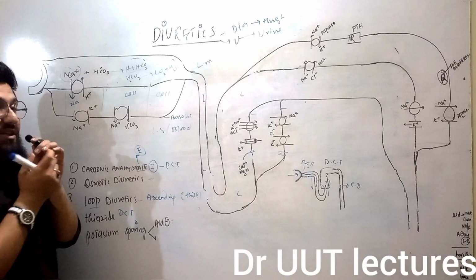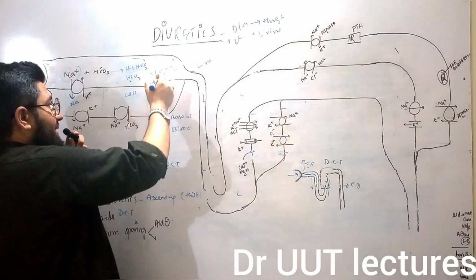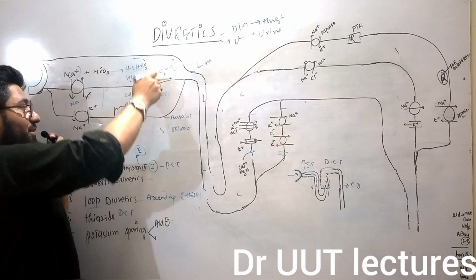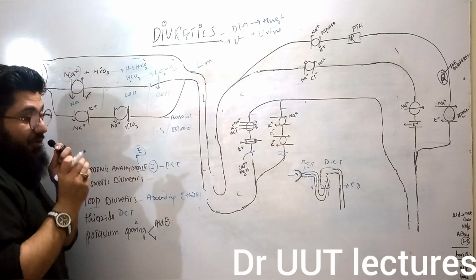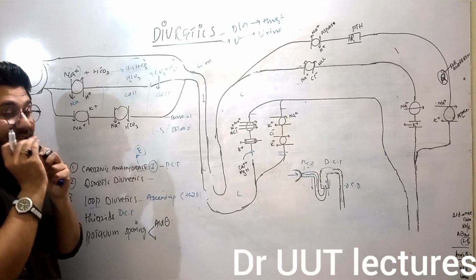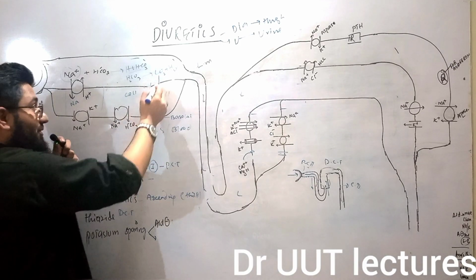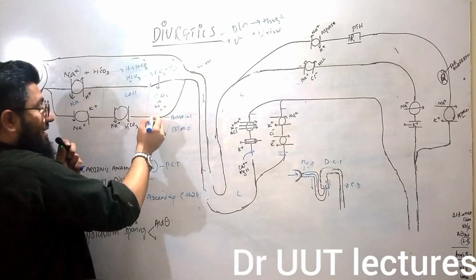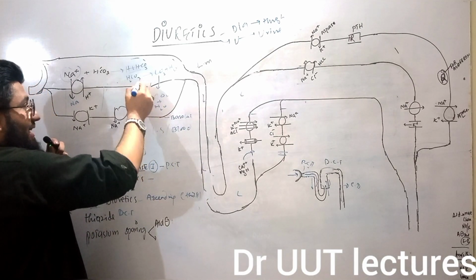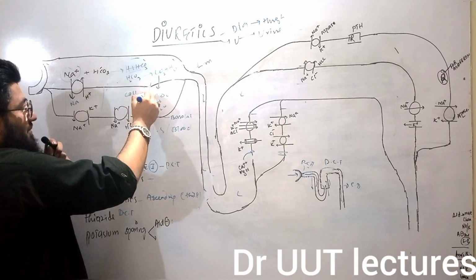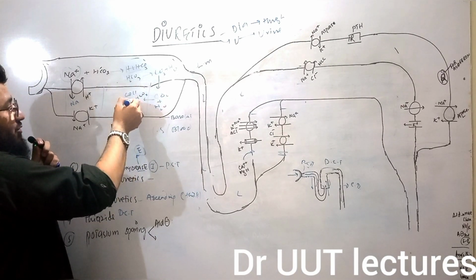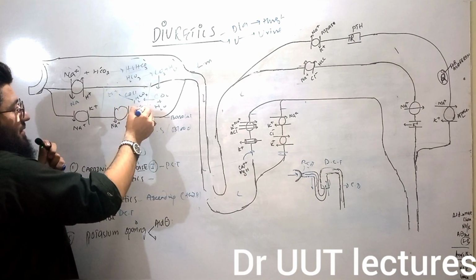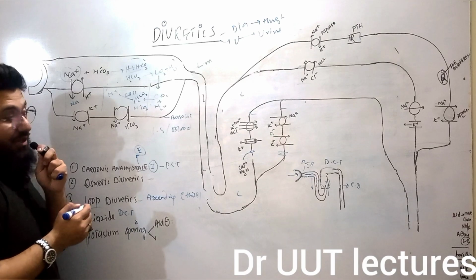What happens next is very interesting. We know that carbon dioxide is a lipophilic gas, so it will start moving into the cell, and the cell has a larger amount of water. So this carbon dioxide will interact with the water present in the cell and again synthesize carbonic acid, which is again very weak and will break into hydrogen and HCO3, bicarbonate.